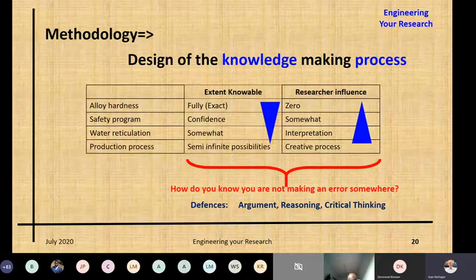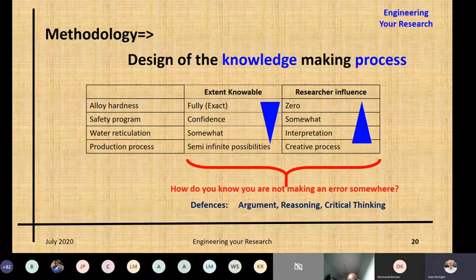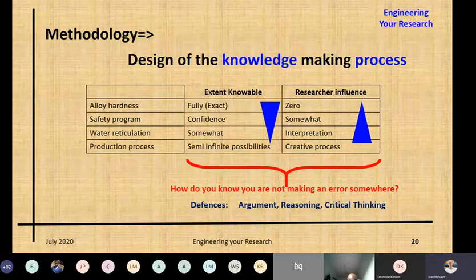Although maybe further on down that list, when we come to the creative processes, it could be that in a creative process, let's say you're designing the production process in the factory, sometimes the constraints are very dominant, and that limits what you can actually achieve in being creative.